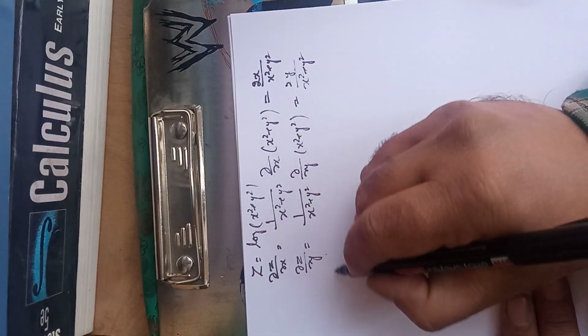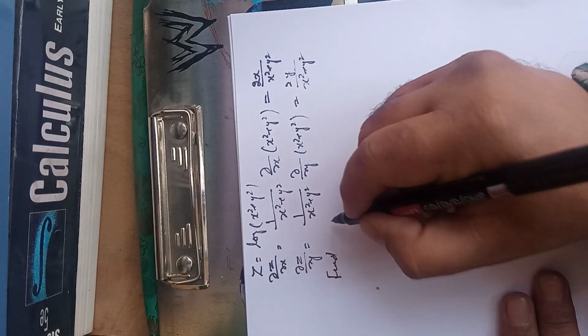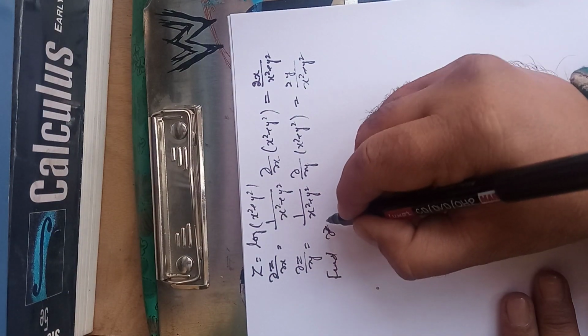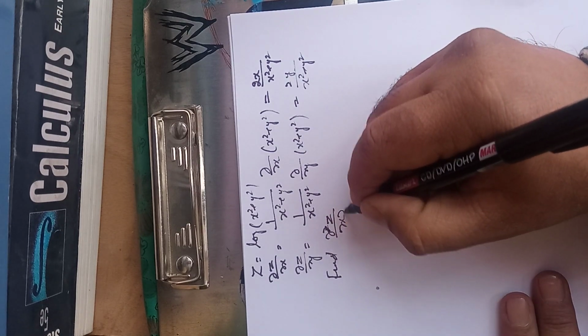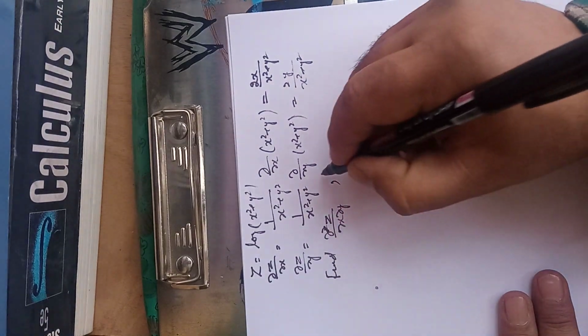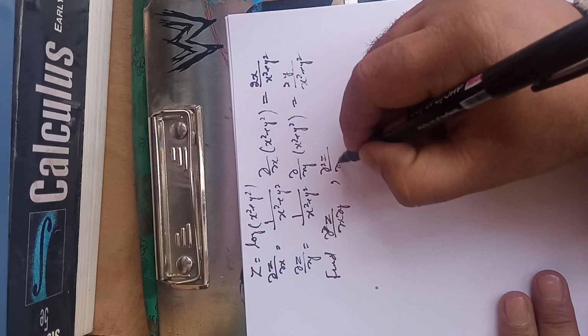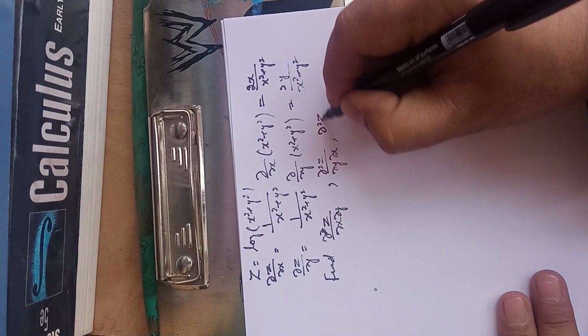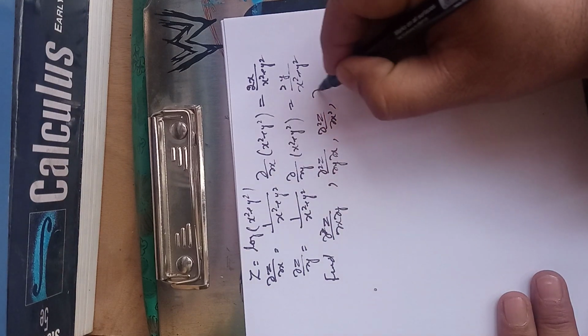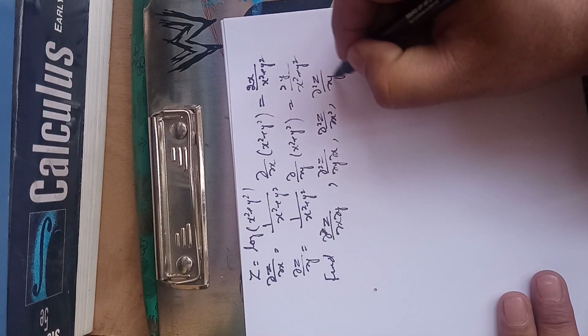Now let me find del 2z del x del y, del 2z del y del x, del 2z del x2, del 2z del y2, and so on.